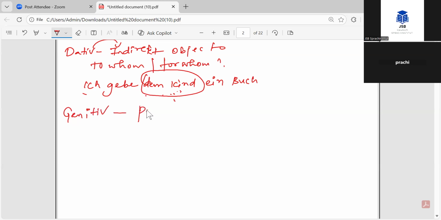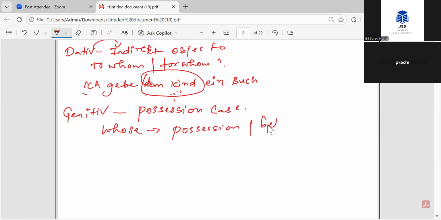Okay, next is the genitive. Genitive means possession case. Okay, it shows whose. Genitive means whose. It shows possession or belonging.